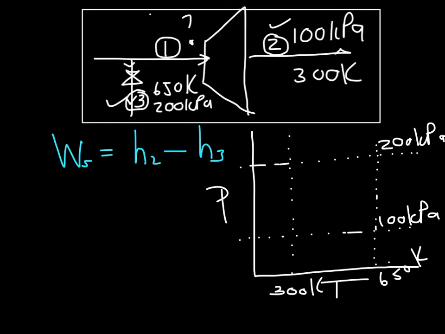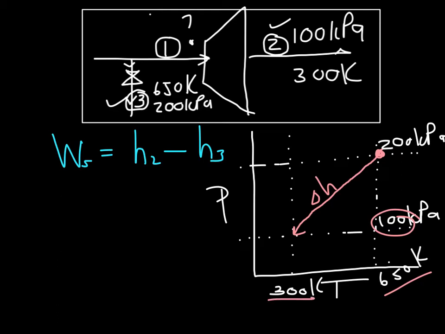So in order to solve our problem, we need to calculate the change in enthalpy for a gas per kilomole as its state is changed from an initial condition at 200 kilopascals and 650 Kelvin to its final state at 100 kilopascals and 300 Kelvin.